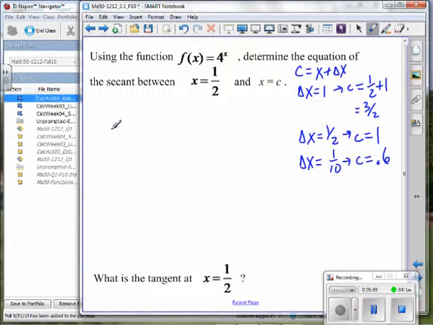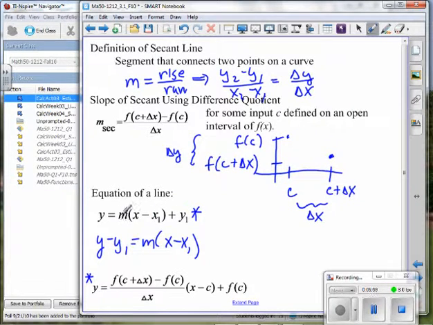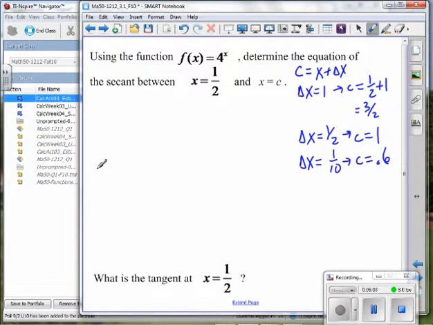There could be multiple points on a secant, but I do need a point, and I need the slope. Didn't we say that to write the equation of a line, we need the slope and a point, c and f of c? So I need the slope and any point I have.